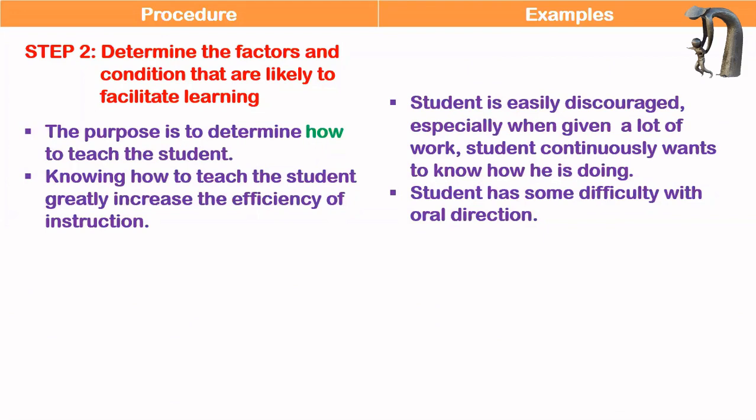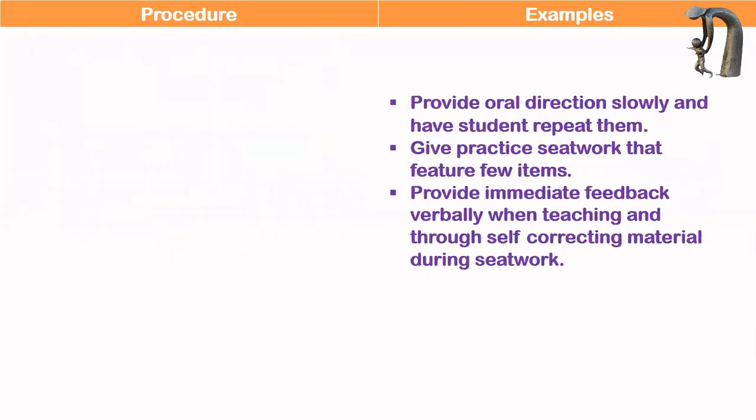Now the third one is about plan instruction, which we have discussed. Let us see the first example and then we can move to the instructions. See, here you can see examples like provide oral directions slowly and have the student repeat them. Keep in mind, give a practice seat work that features few items.